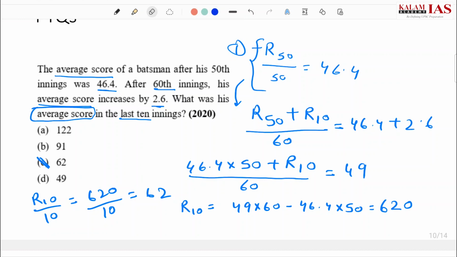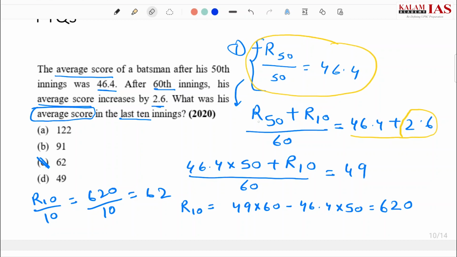I'll explain it again. We have the total score the batsman did in 50 innings was R50 and average is 46.4, which is visible from the first equation. And now they are saying in the last 10 innings he scored at increased pace, due to which the average increased by 2.6.